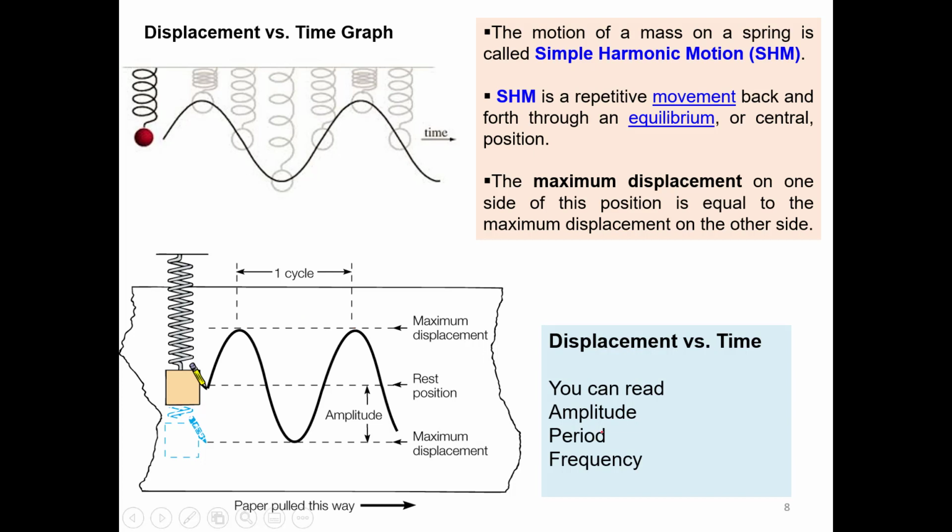Then we can identify the period, and if we know the period, we know the frequency, because the frequency is the inverse of the period. Just remember, this is the period. This corresponds to the amplitude. This is the period, and the frequency is the inverse of the period. And all these variables we are able to identify if we have a displacement versus time graph.